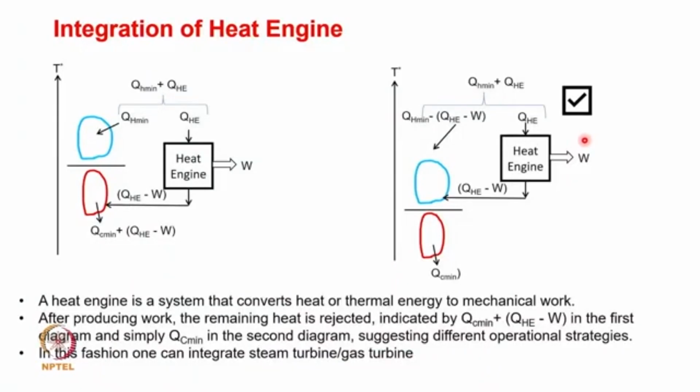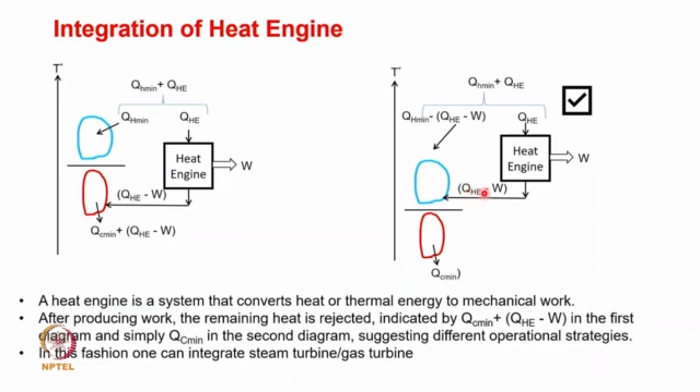But when we integrate the heat engine above pinch, it takes out the QHE, gives the work, and sends the heat back above the pinch, which is QHE minus W. So as a result, what would happen? This additional heat is obtained in the top part above pinch, so you only need to supply less heat from the utility.